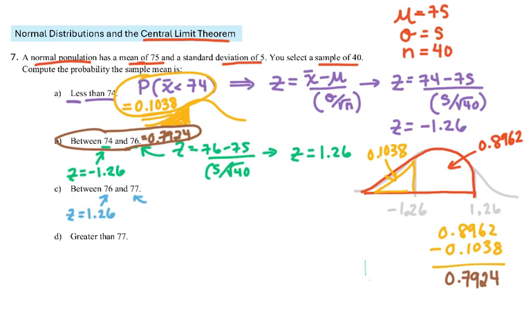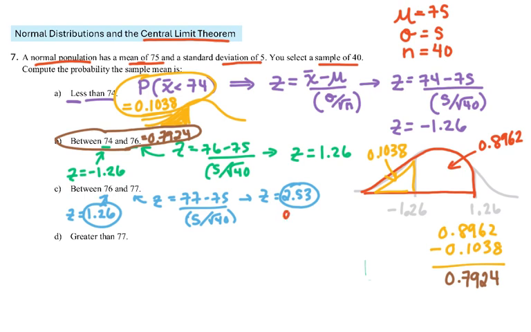Okay, so for 76, we already know the z number is 1.26. For 77, we'll calculate the z number, 77 minus 75, all over 5 over the square root of 40. We will get the associated z value, which is 2.53. So the task is to just get the areas to the left on our table, and then subtract those two, very similar to what we did in part B. So I'll skip some steps here.